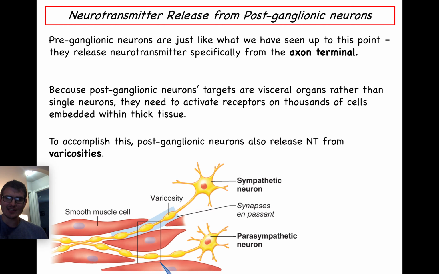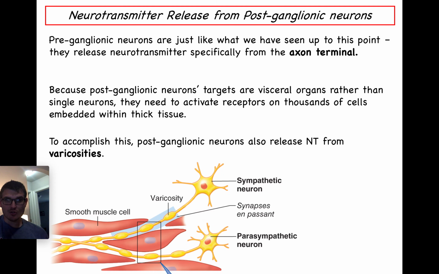These varicosities are swollen because we have a high concentration of neurotransmitter being stored there. Typically, we store neurotransmitter exclusively in the axon terminal, but here we're storing it in these varicosity depots all along the length of the axon.